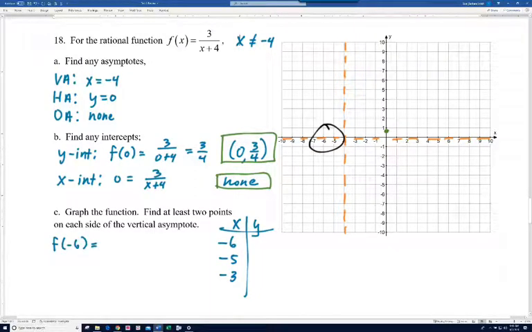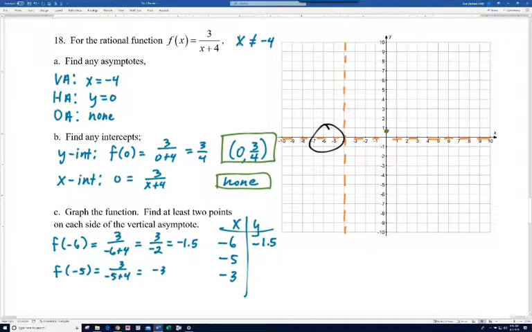You should certainly be able to plug in values into a function. So if I plug in -6, that's going to be 3 over -6 plus 4, which is 3 over -2, or -1.5. If I plug in -5, you get -3.